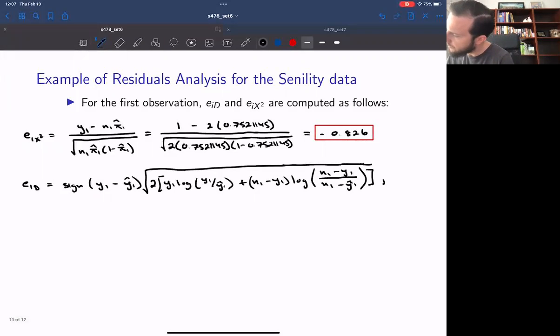And then again, just as a reminder, the y1 hat is equal to n1 pi 1 hat.